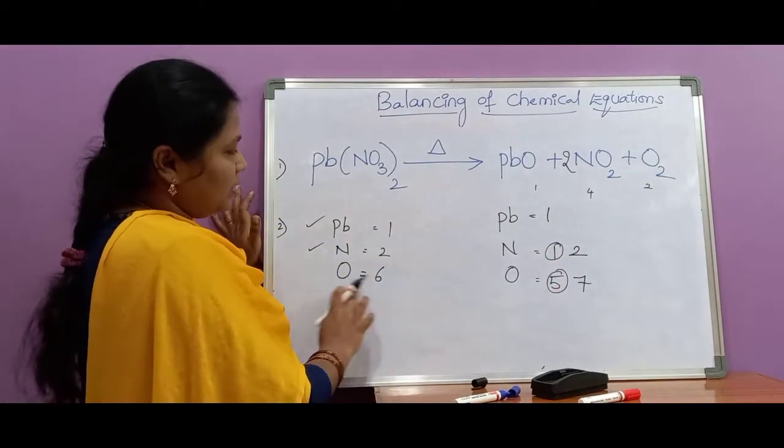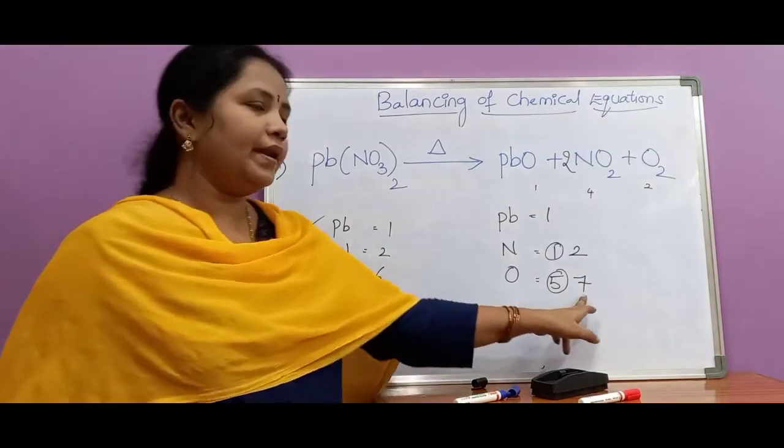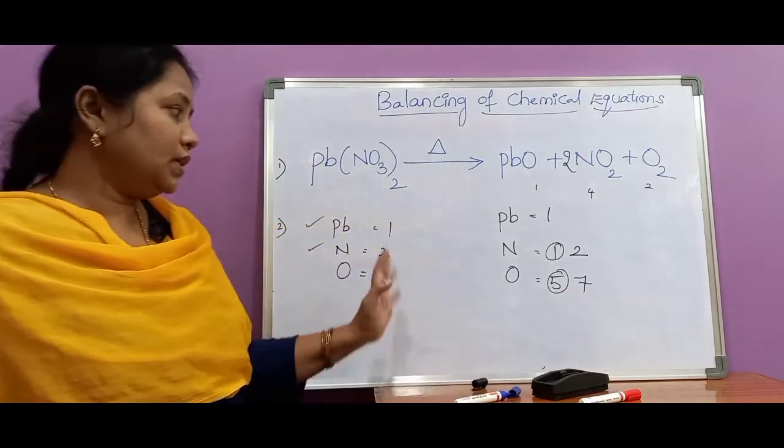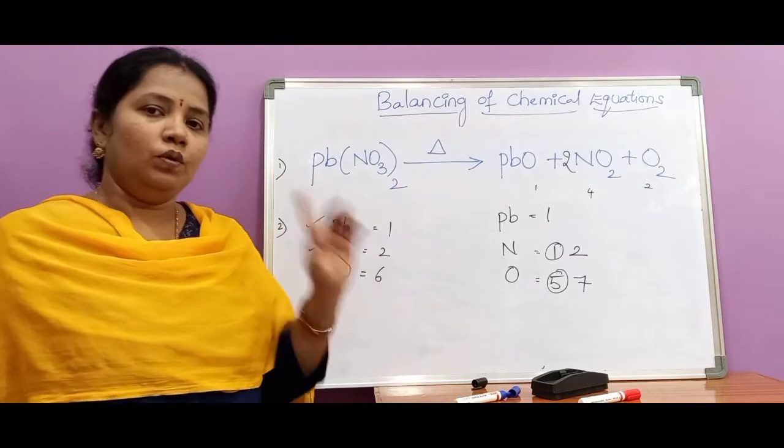Now only oxygen atoms are not balanced here. On the left side there are 6 oxygen atoms, and on the right side 7 oxygen atoms. In this case, what do we have to do? There is a rule.